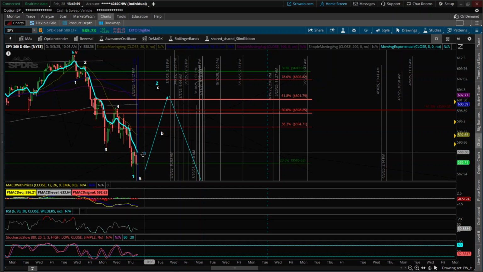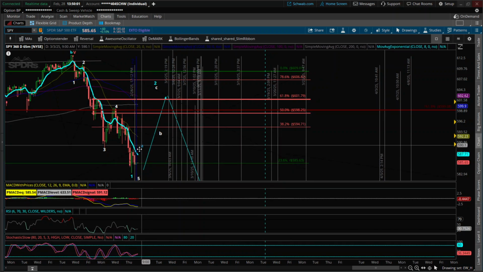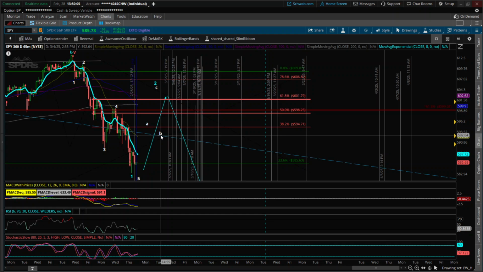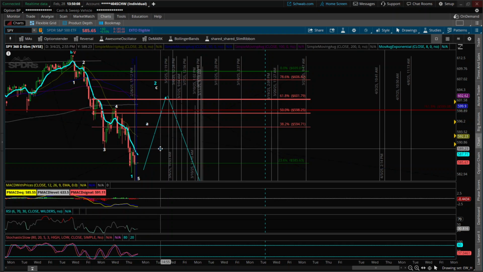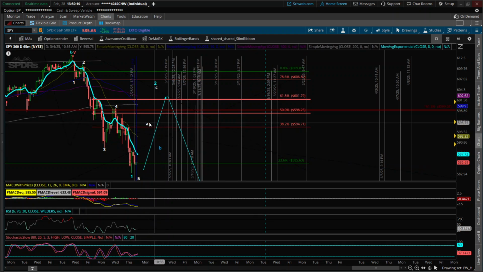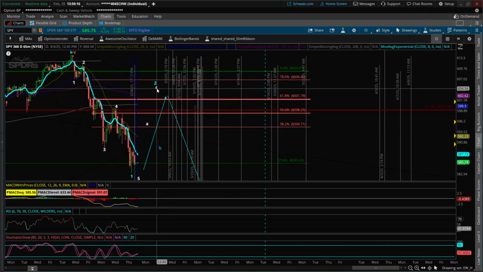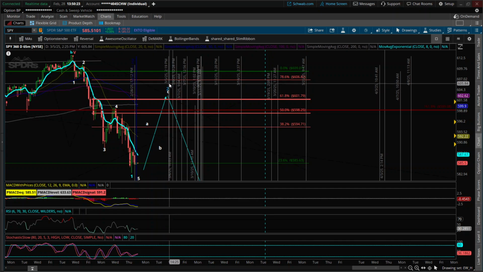So we'll look for some sort of reversal 5-wave move up into maybe the 382, then a B wave. It could be anything. That's why B waves are so difficult. Triangle, flat, anything. And then a C wave into time and price, which we have starting off with March 6th.